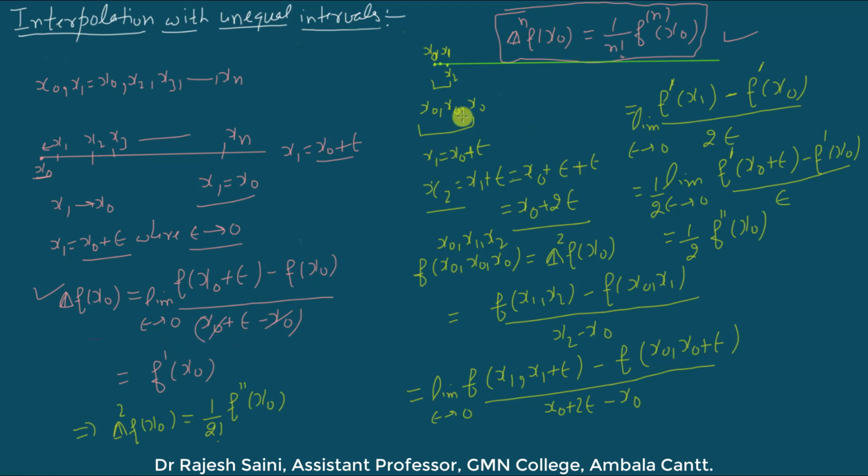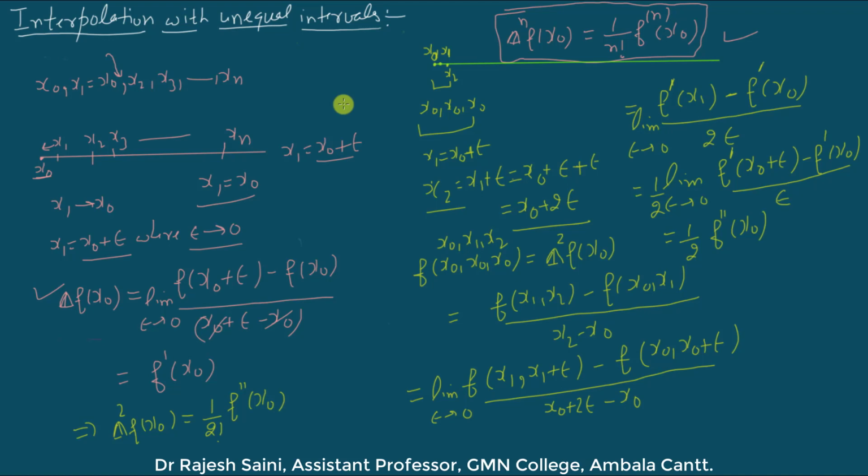So in this lecture we have studied what is interpolation with unequal intervals, that is, to find any value in between them. Like we are given values, and we are required to find a value of the function between x1 and x2, and the intervals are unequal, so this is known as interpolation with unequal intervals. In that we studied what is divided difference, what are its various orders, and how to define the divided difference of different orders.